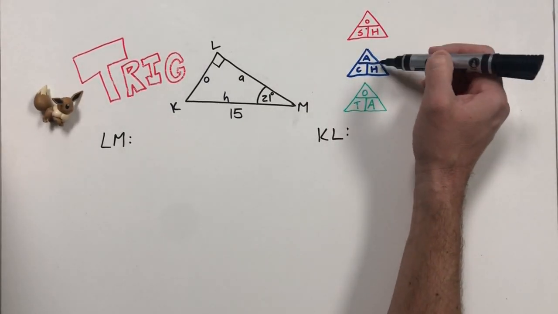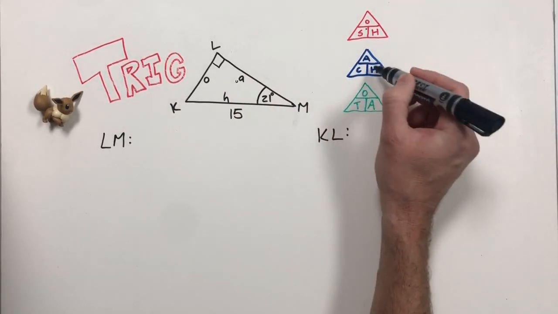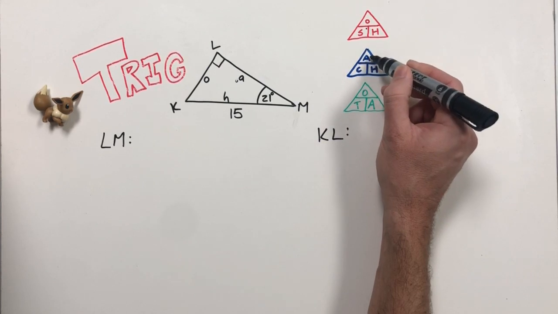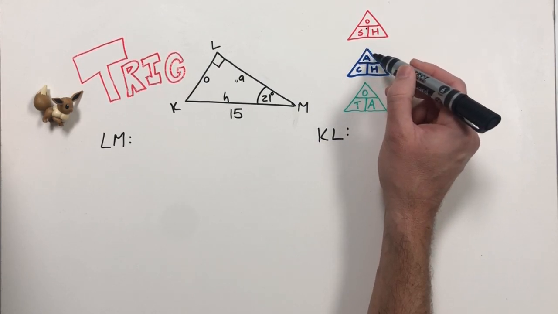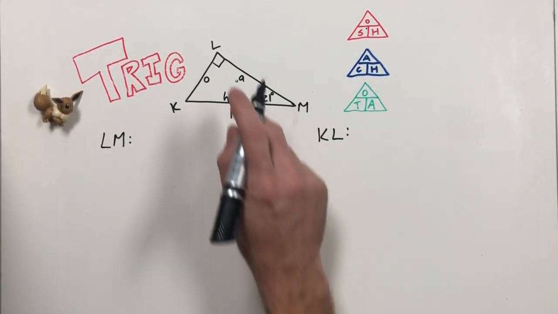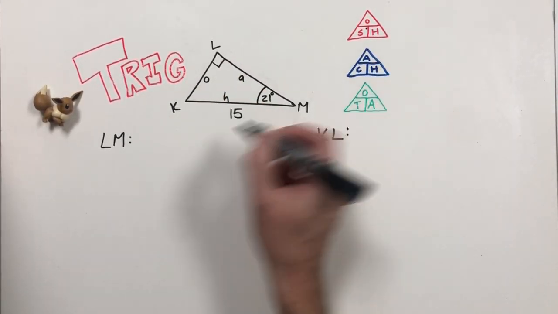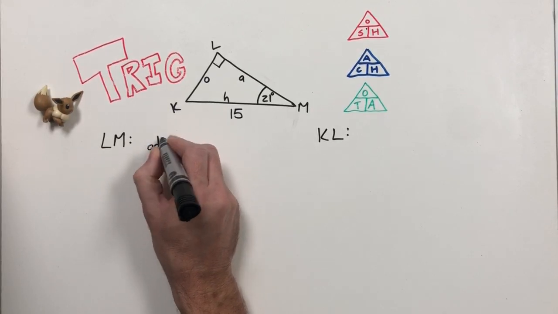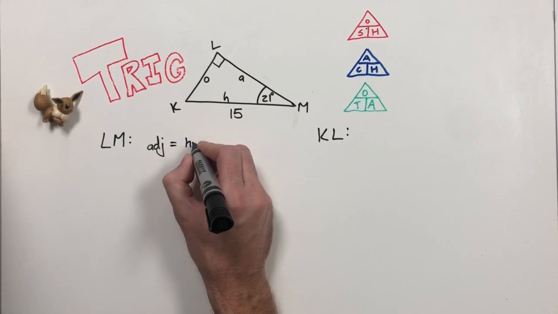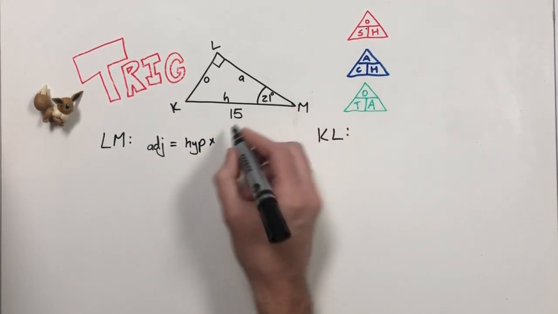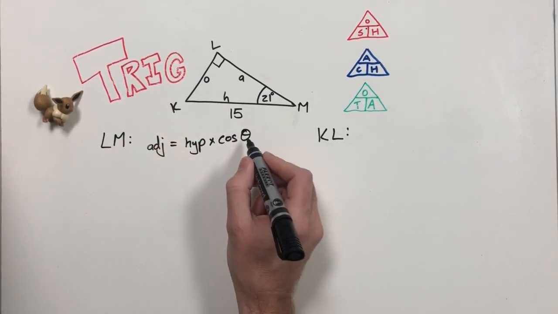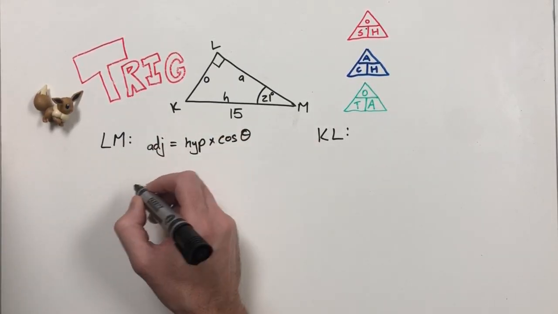And I just have to choose which one it is, and because it's the adjacent, then it's going to be this one, because I have the hypotenuse, I have the angle, and then they're looking for A. And to write it in the right form, so that I don't have to rearrange too much, I can just write the adjacent side is equal to the hypotenuse side times the cosine of the angle.